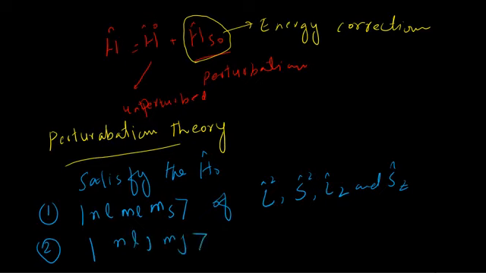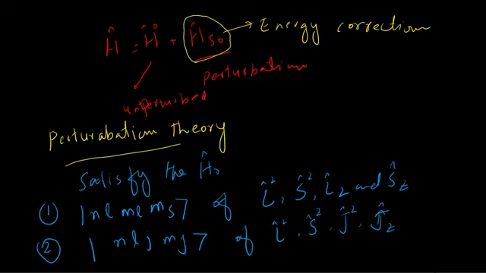Here j and m_j are the total angular momentum, which is the combination of L and S. This state is the eigenfunction of L squared, S squared, J squared and J_z.